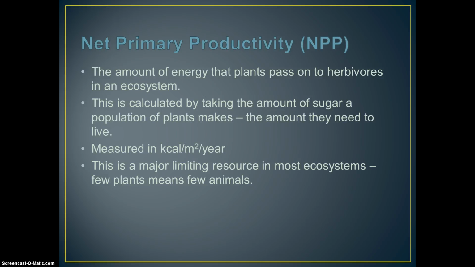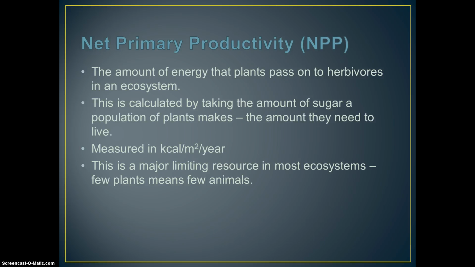Okay. Please keep in mind when we look at energy later on, our net primary productivity is only going to measure the energy produced by the plants. Okay. In most ecosystems, this is an extreme limiting resource. A limiting resource is anything that limits how much productivity that group can have. Okay, so it limits the growth of a population.